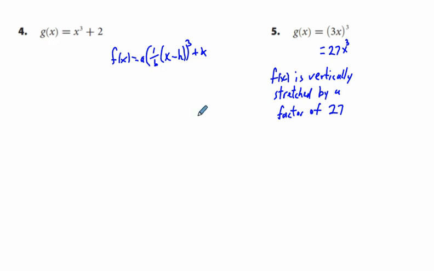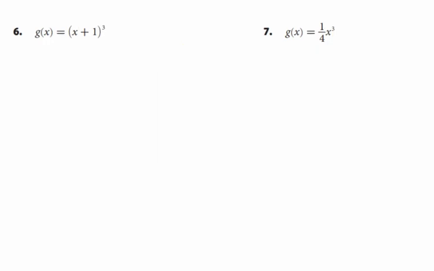The next problem we're going to look at here in this video lesson is number 7. So what we have is 1/4 out here in front. We have g of x equals 1/4 x cubed. So in this case, a is equal to the fraction 1/4. And if a is less than 1, then we have a vertical compression.